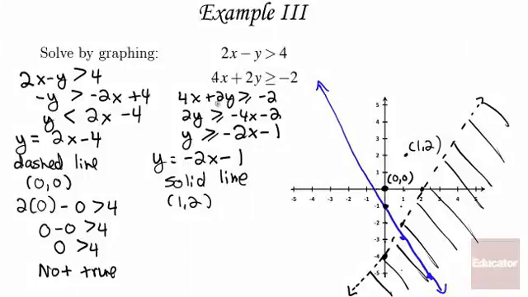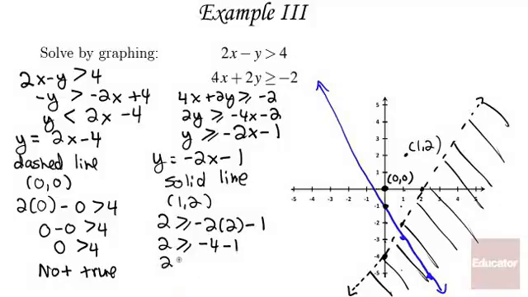Substituting those values into this inequality, I'm going to use this one because it's simpler. 2 is greater than or equal to negative 2 times 2 minus 1. 2 is greater than or equal to negative 4 minus 1.